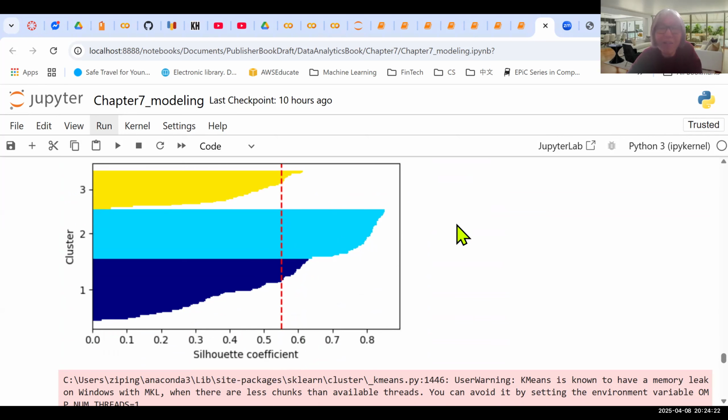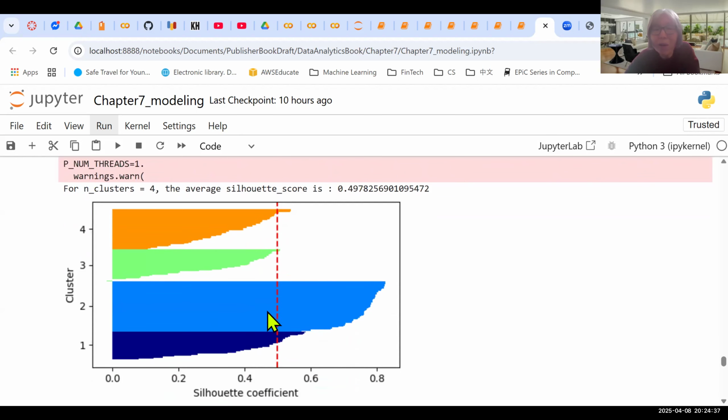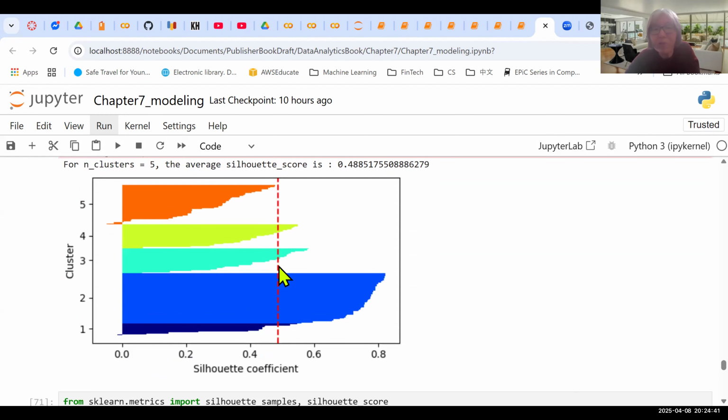So in this case, two clusters are more close compared with the third cluster. And if you take a look at the four clusters, it's even worse, is it? And with the fifth, the silhouette is not good.